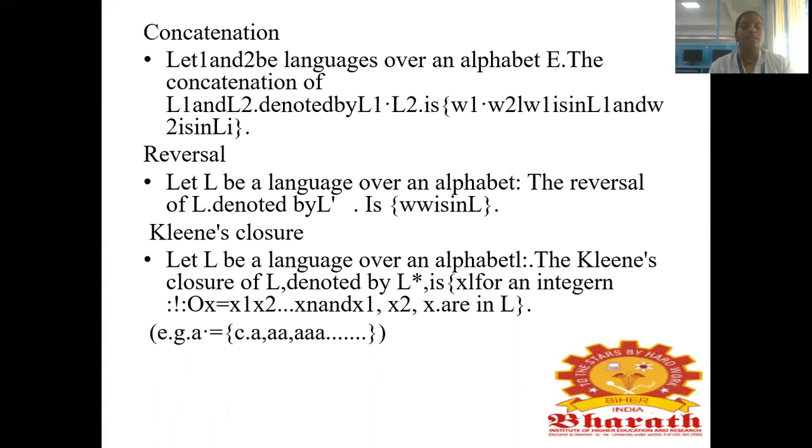The last one is Kleene closure. This is one of the main examples for your finite automata machines. So what is the Kleene closure? This language can be used for all the functions, that is, integration and extension; all the operations can be done with Kleene closure functions.